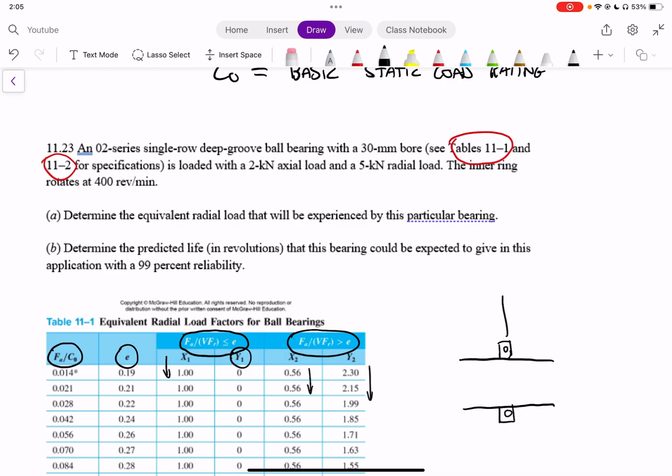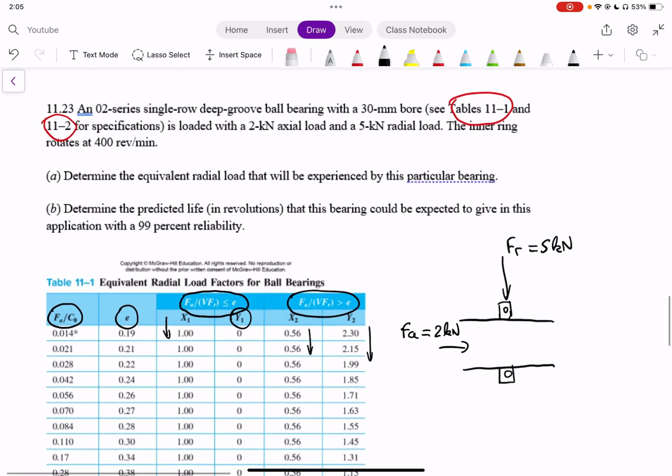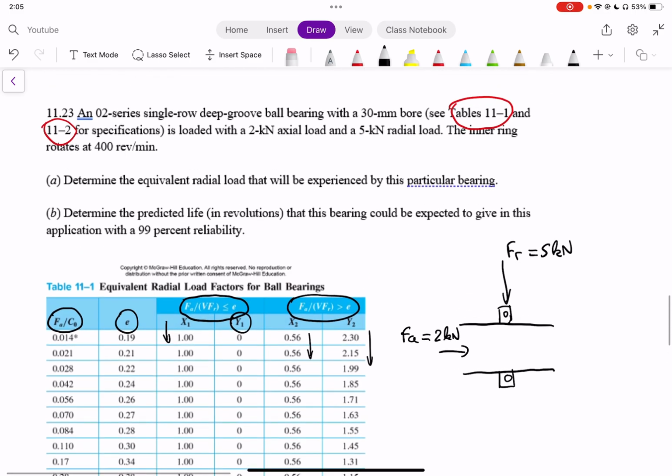And I know that my cross section has an F radial that's equal to 5 kilonewtons, and I'm also told that there's an F axial that is equal to 2 kilonewtons. I'm also told in the problem that the inner ring rotates at 400 RPM.